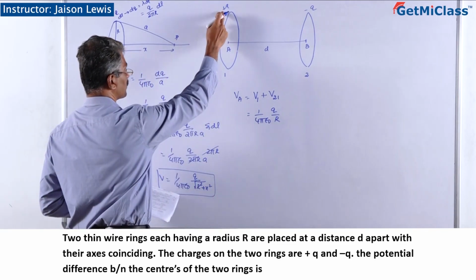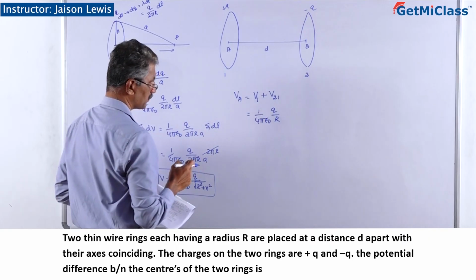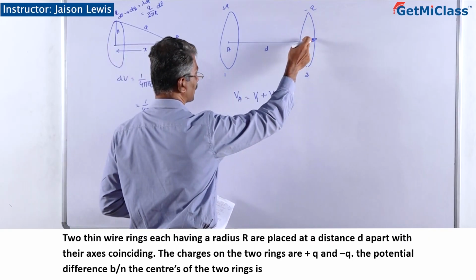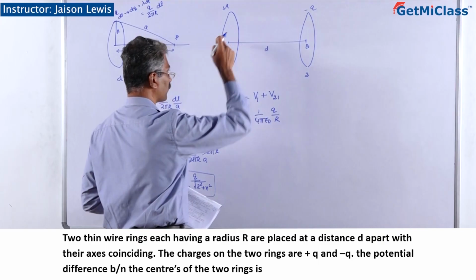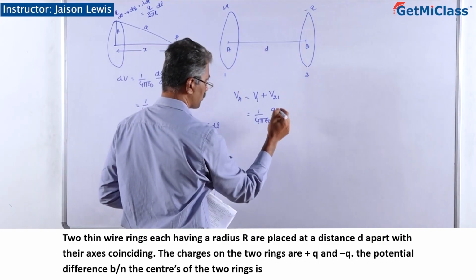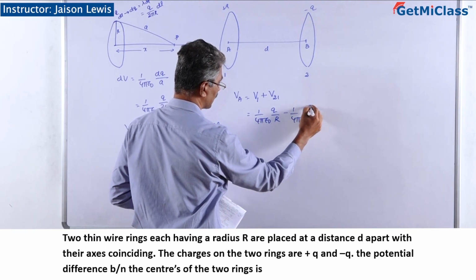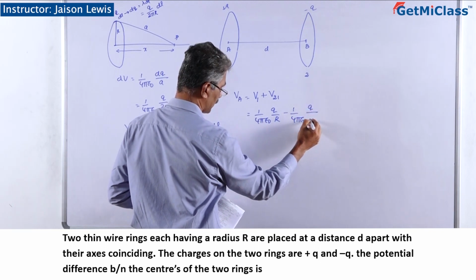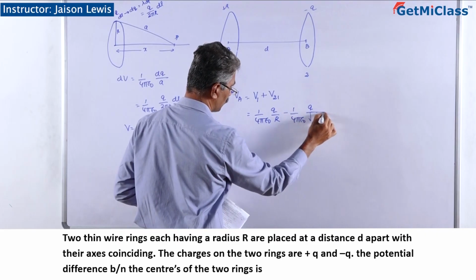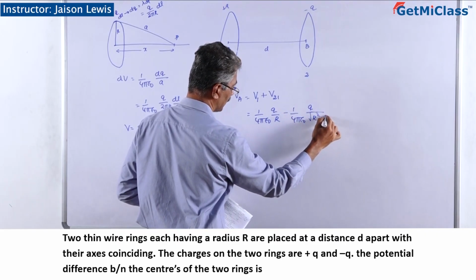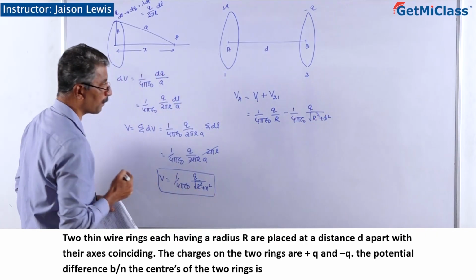Since the charge is positive, the potential is positive. Now what is the potential due to the second ring at the center of the first ring? The charge is negative, therefore the potential is negative: 1 by 4 pi epsilon naught, q divided by the distance d, that is square root of r square plus d square. The formula we already know.